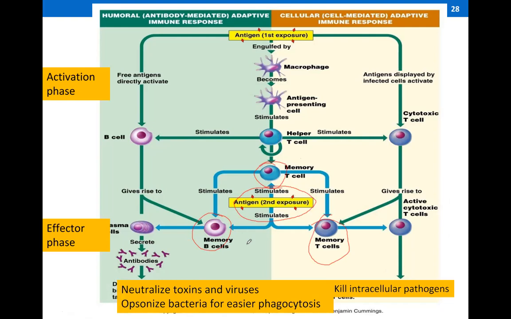Okay, so in this phase, this one will be the activation phase, and this one will be the effector phase based on the type of exposure and what blood or what cell or effector cells will be used. Okay.